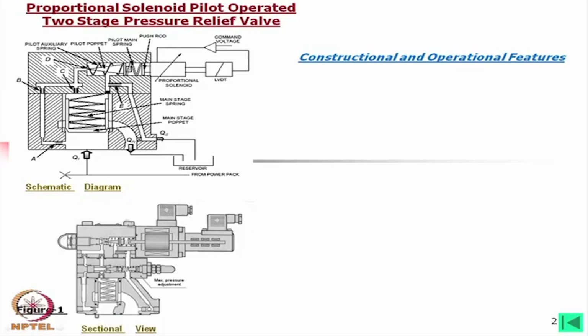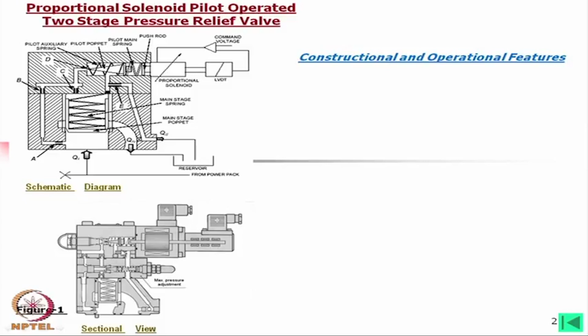If we look at the figure at the top, which is a schematic diagram, the main system line is here and this valve is connected to the main system. Now, this is the drain to the tank. So, on relief the oil will come out from this path and go to the tank.